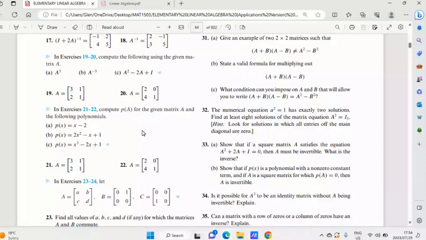Yeah, 2 minus negative 2. I think that's the problem.